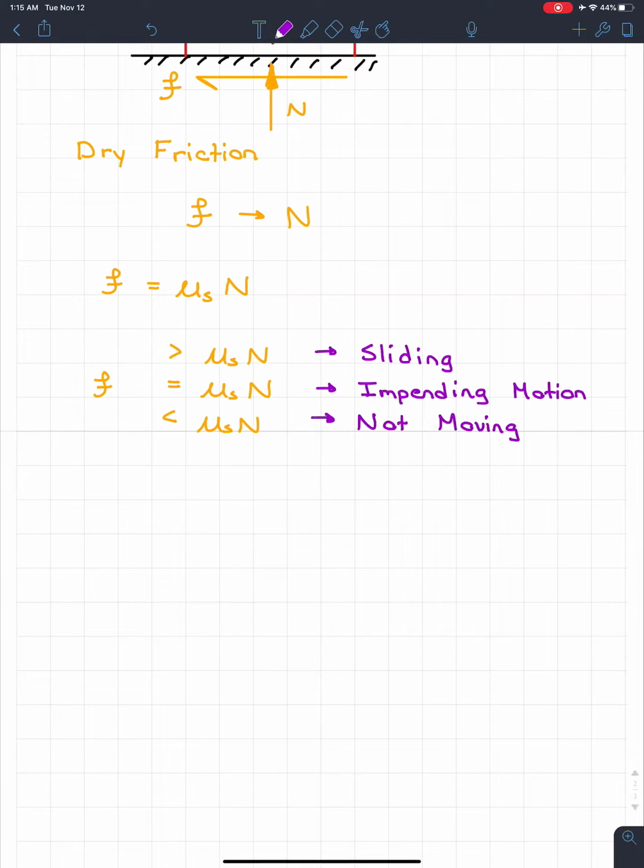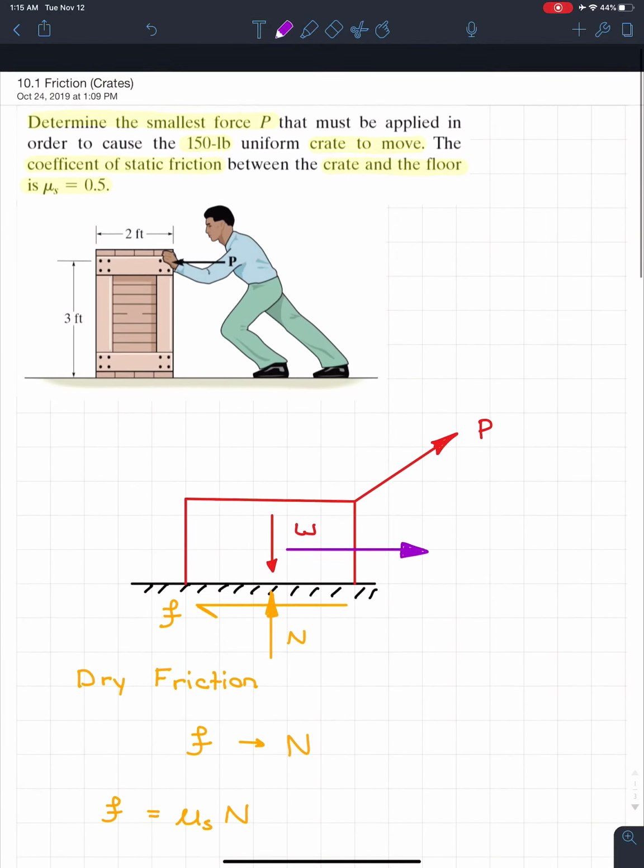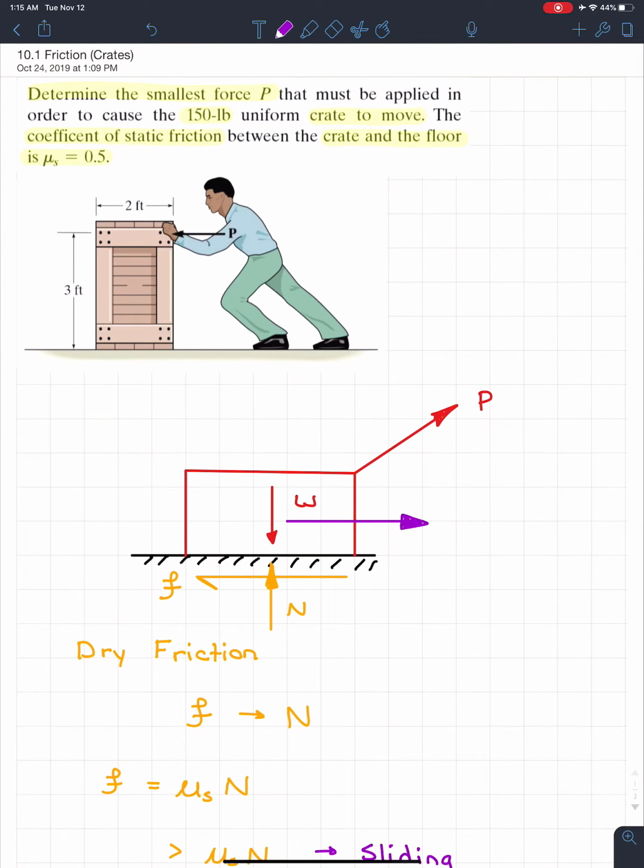And this is very, very important because even though in this case we have one frictional force on the crate and we have one crate, we can determine if it's sliding or not sliding. But let's say for fun we put a second crate on top of this, like so. Then we have to analyze a couple of different scenarios.